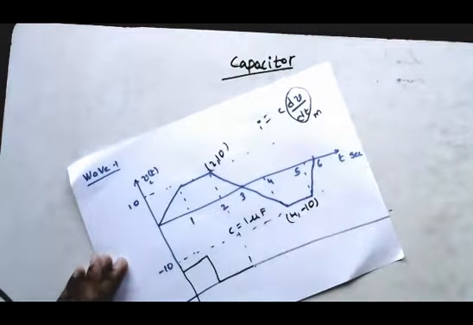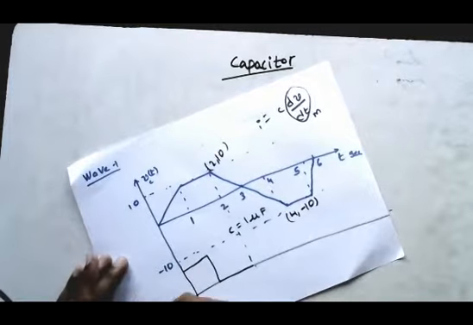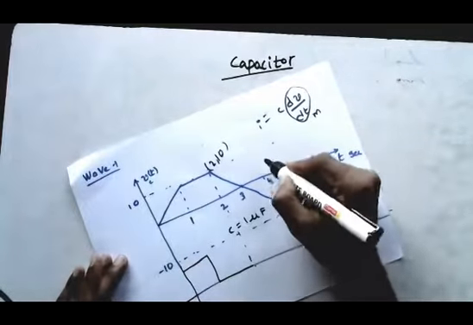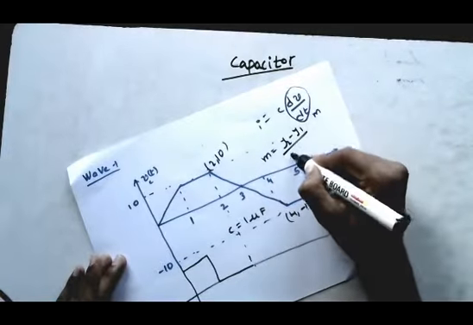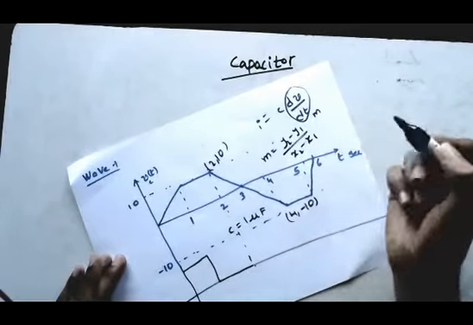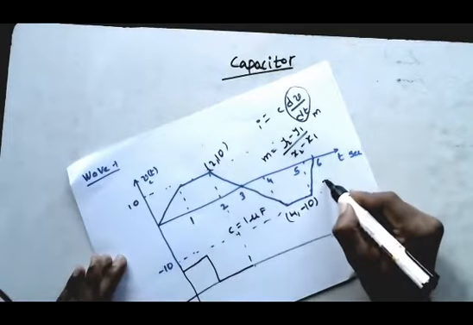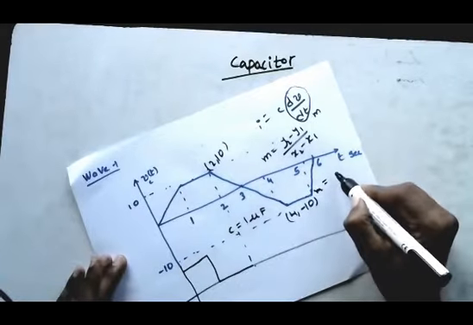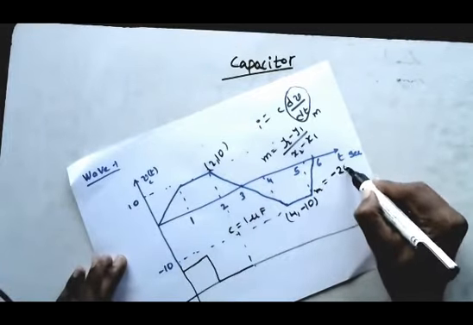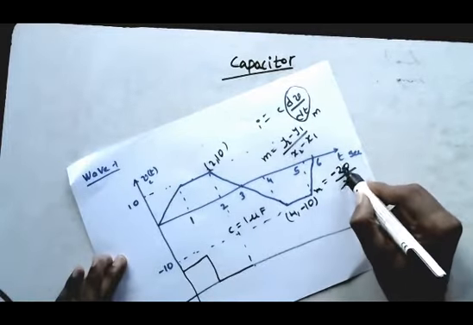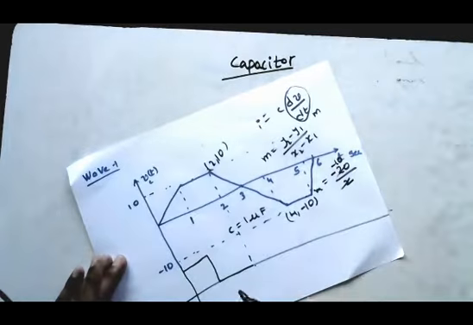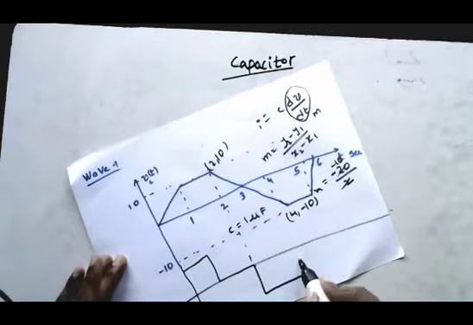So M is equal to y2 minus y1 divided by x2 minus x1, that is minus 20 divided by 2, so minus 10.